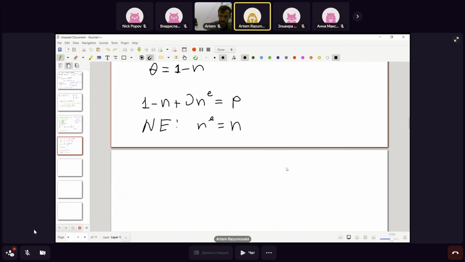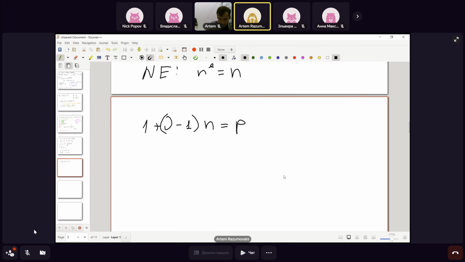So then we can substitute n expected with n, and this is our equation, which connects n and price. What does it mean? Let me write it like that.